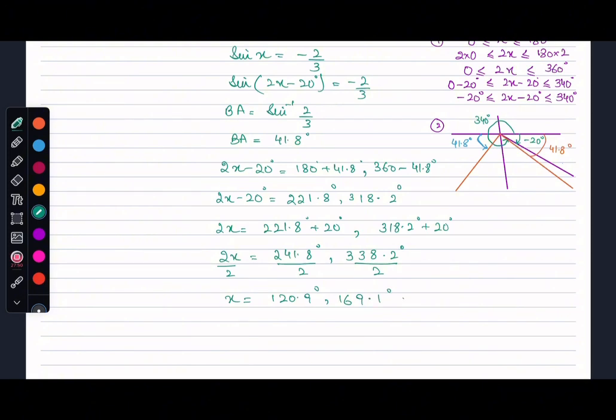So this is how this question should get solved. Let's move to the next.